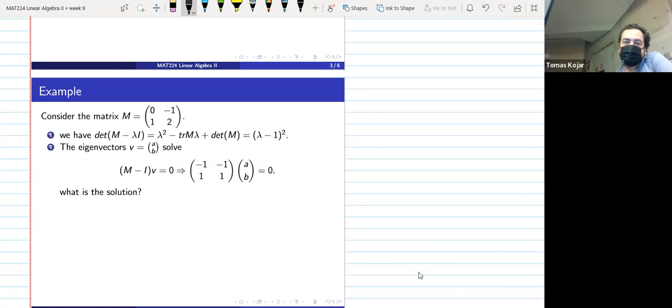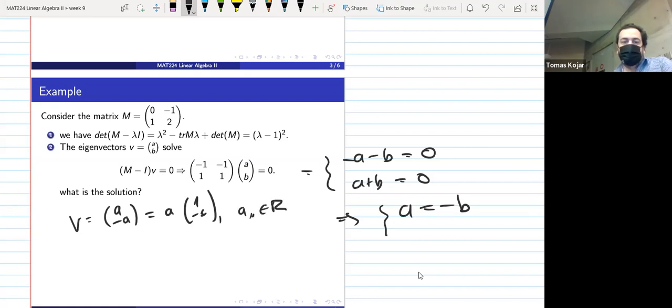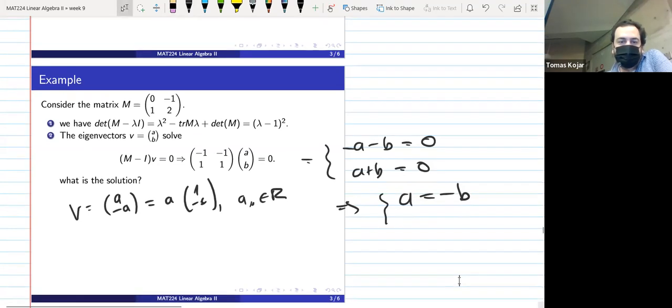You have the system of minus a, b is 0, and a plus b is 0. So you get infinite solutions, a, minus a. You have a free variable. So your v is of the form a, minus a, so 1, minus 1. Okay? So the solution here is vectors of this form.